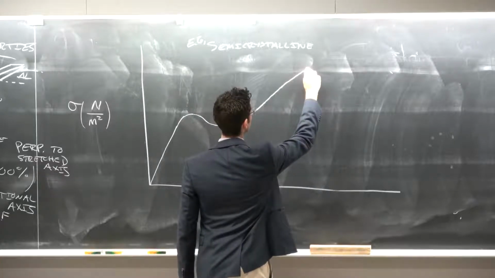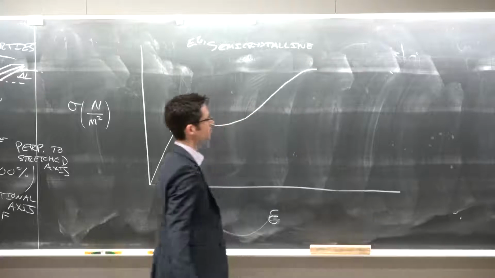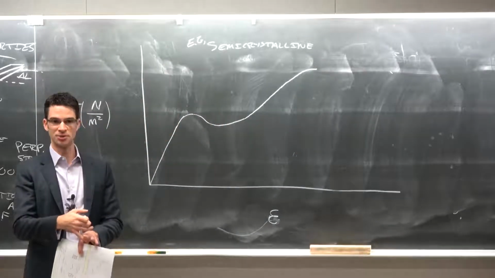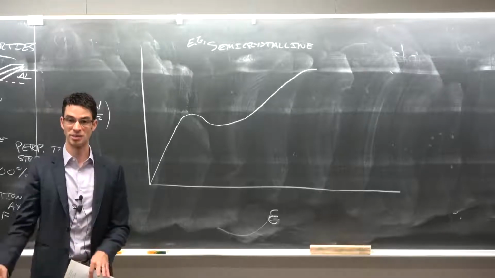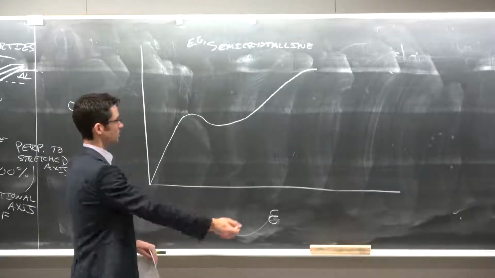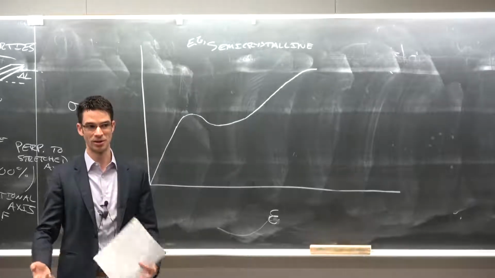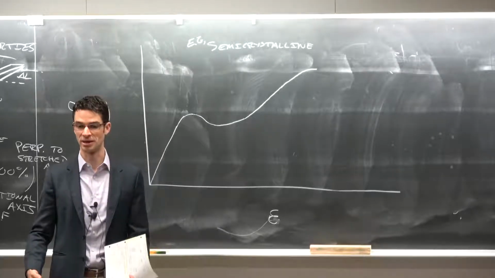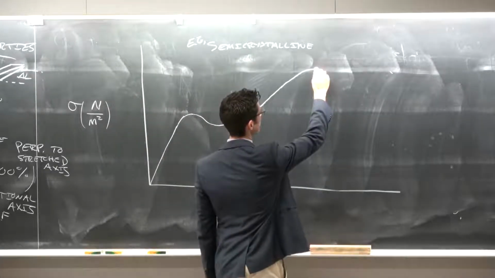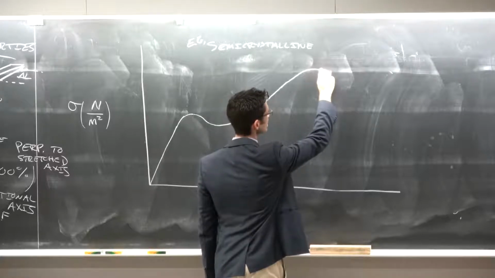But then we get to a point here where polymer chains start to pull out of the crystallites and bonds begin to break, because we've put so much strain in, and the polymer has some finite amount of energy it can absorb before it breaks apart. And this is called the ultimate tensile strength.